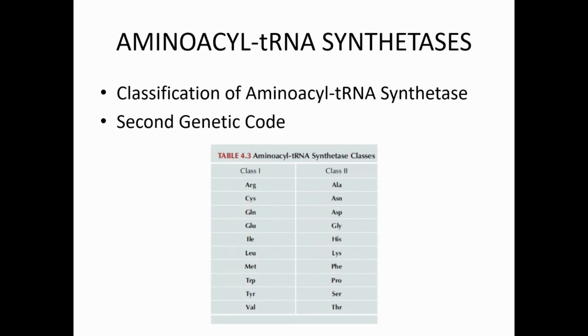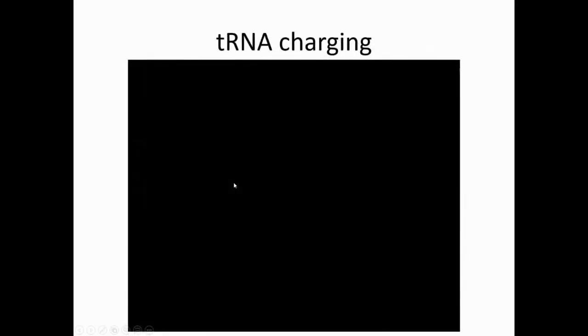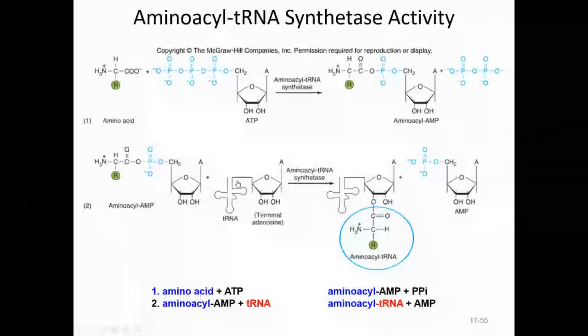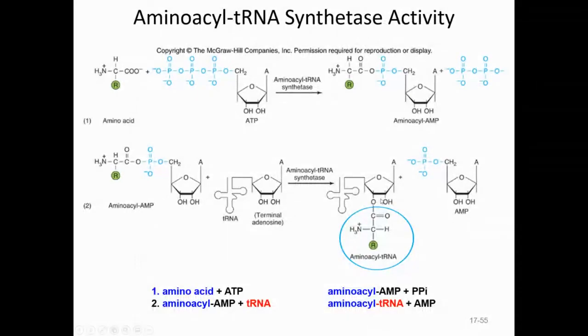For class 1, they first add the amino acid to the 2' hydroxy group, and then they transfer it to the 3' hydroxy. And class 2, they just transfer directly to the 3' hydroxy.